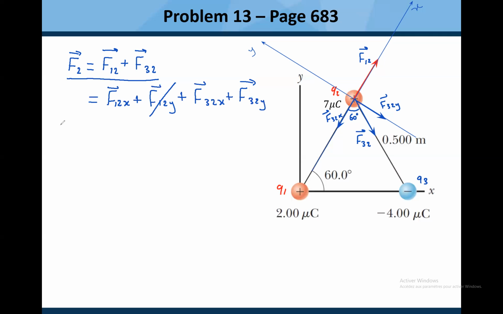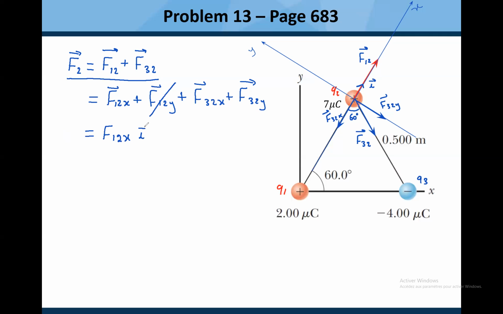After, we can do the projection in terms of the unit vectors. F12x is in the i direction.